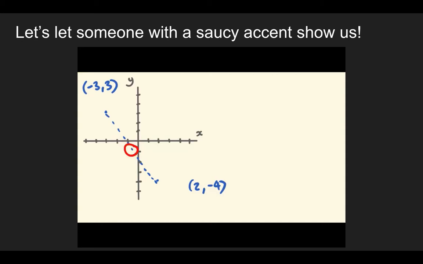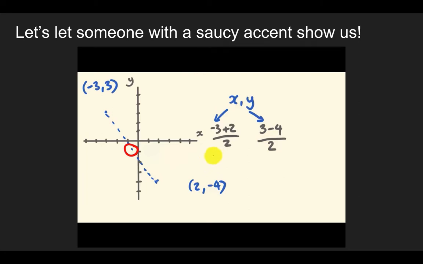Once again, this is going to be an xy value. First let's have a look at the x's. We have -3 and we have 2, so I'm going to add those two together, divide by 2. And for the y, I've got 3 and -4, so I'm going to add those two together, 3 plus -4, which is the same as 3 minus 4, over 2.